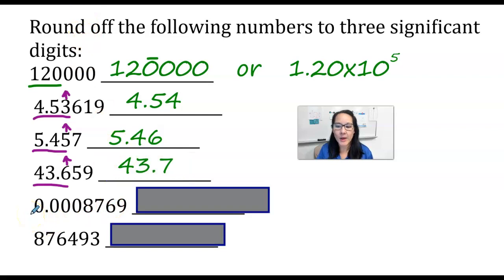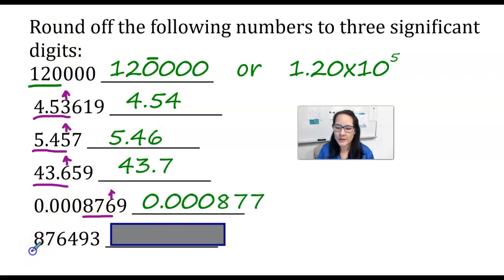All right, I got to keep my leading zeros. They're placeholders, but they're not significant. So my significant figures are these 3 that I want to keep. The 6 is followed by a 9, so the 6 is going to be rounded up. And so this is going to be 0.000877. Finally, this one, I have these 3 significant figures.